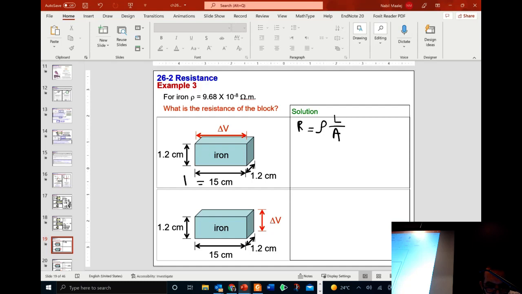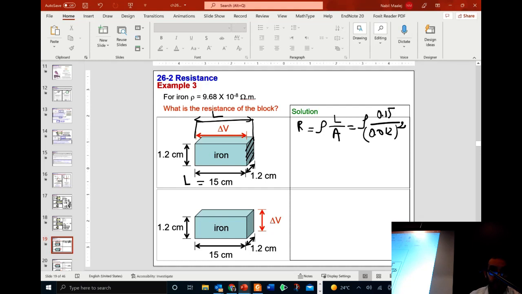Clearly this is L here. Because the voltage is applied between this surface and this surface, this is L. What is the cross-sectional area? The cross-sectional area is this one. So this is now rho times L, which is 0.15 meters, divided by the area. This is a square, so it's 0.012 squared.